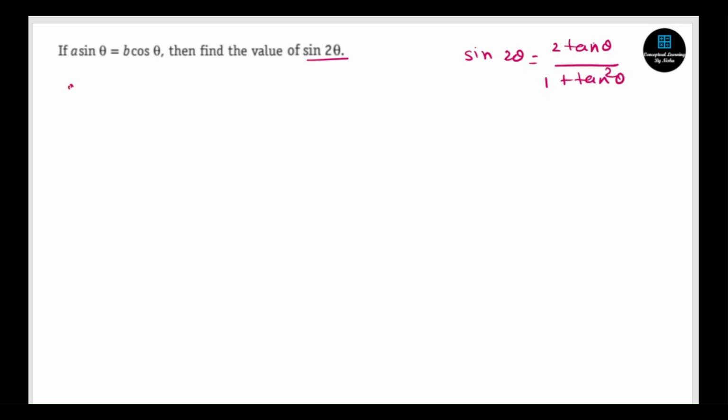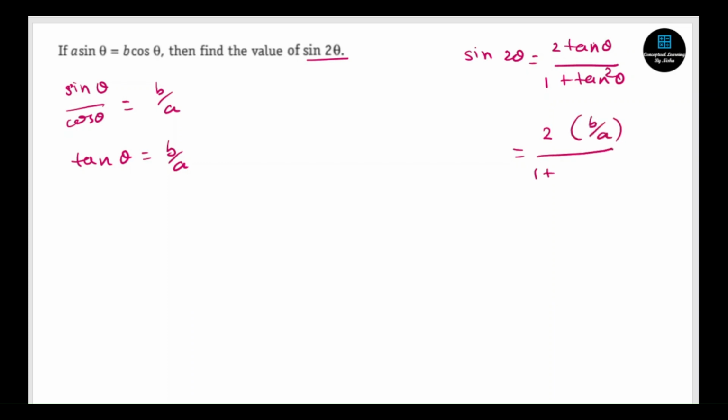So now I can say that sin theta upon cos theta equals b upon a. So tan theta is b over a. Now I can substitute this and find the answer of sin 2 theta. So this is 2 times b over a upon 1 plus (b upon a) square.